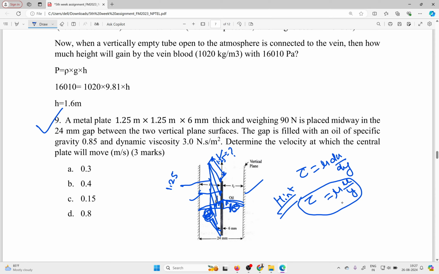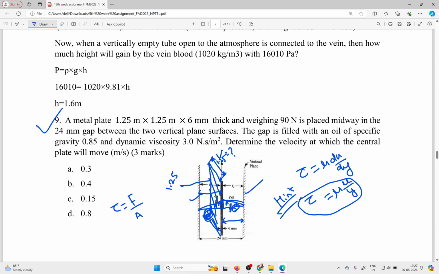Now I have already told you, you will use this formula because this gap is very small. So your tau is equal to the tangential force divided by area.